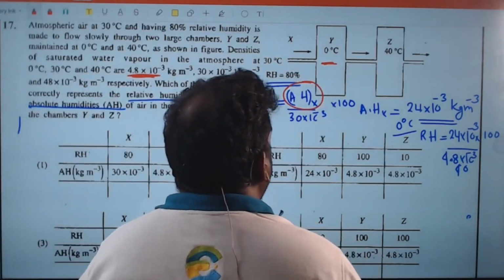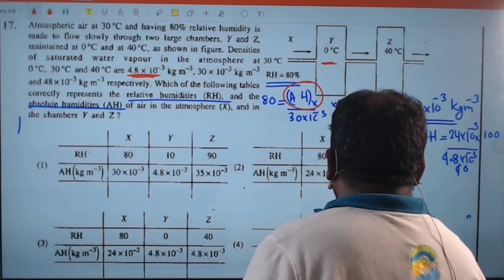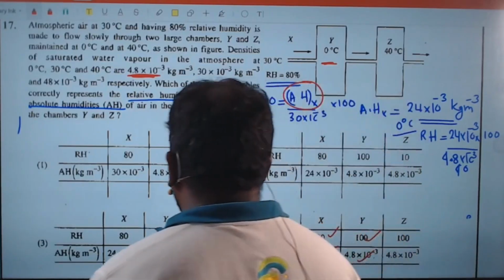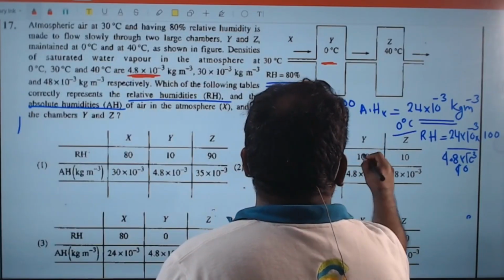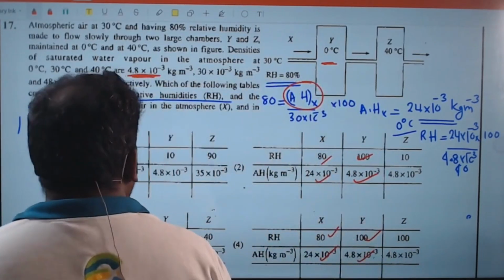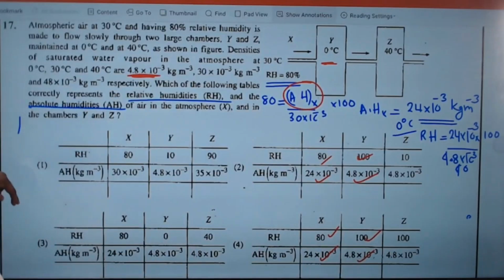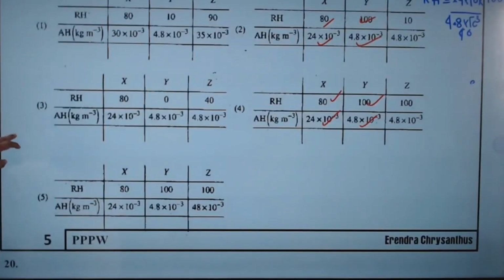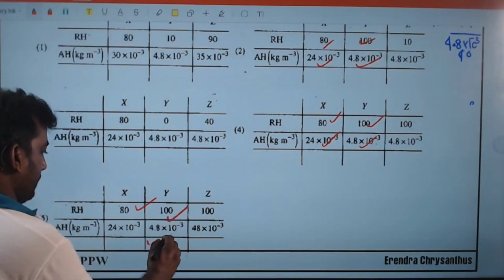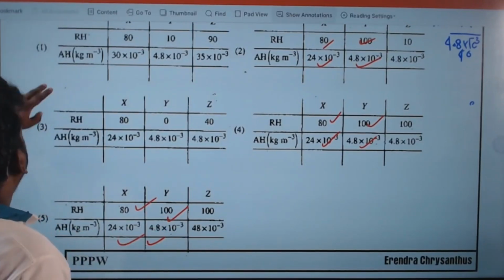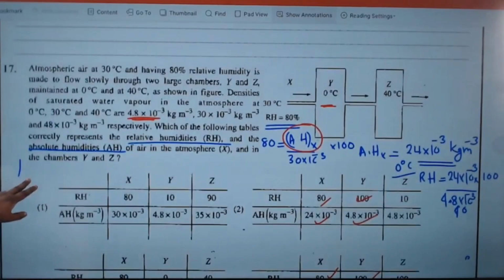So in your calculation, these two look okay. Then what?